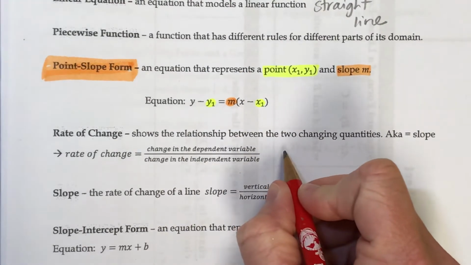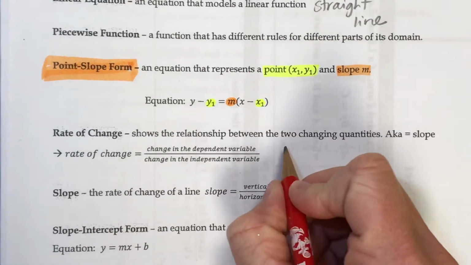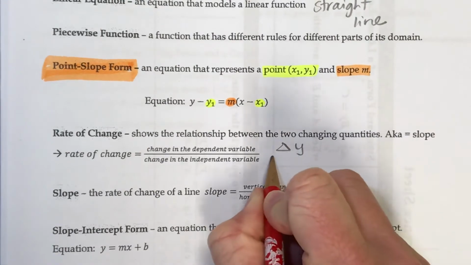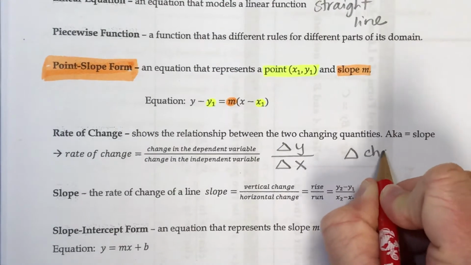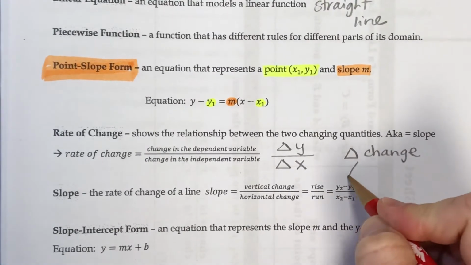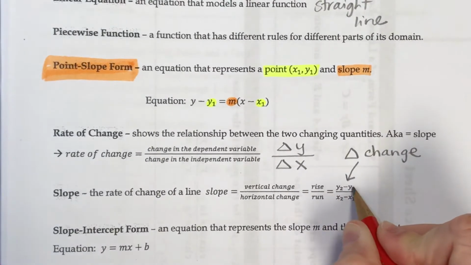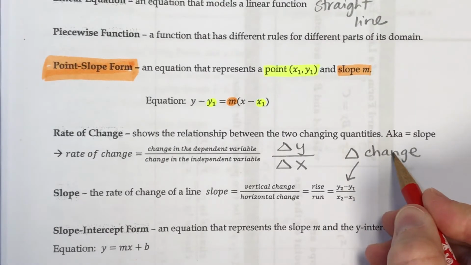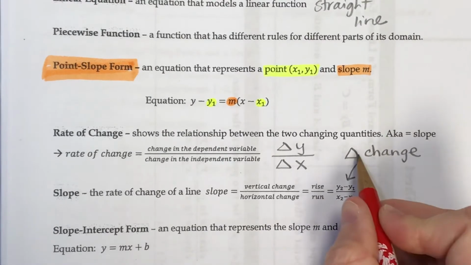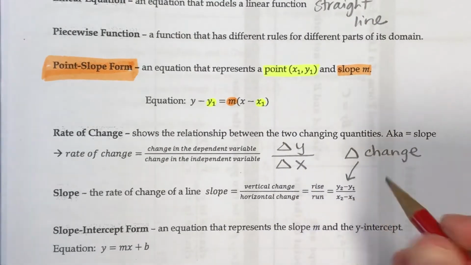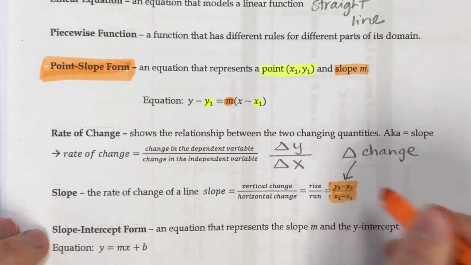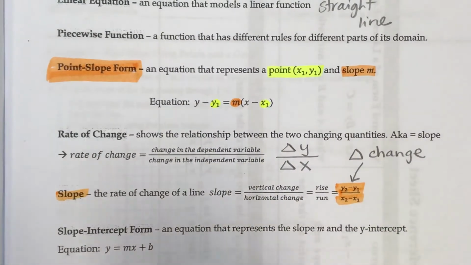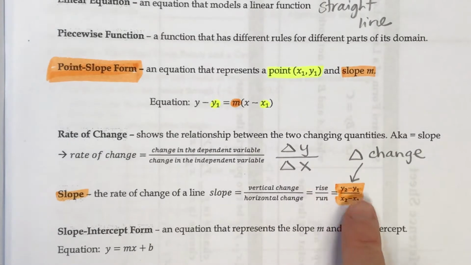Some teachers, especially as you move forward in your math classes, will write it like this: the change in y over the change in x, where the triangle represents the change, which would be your y2 minus y1, the changing of the y values, and then your x2 minus x1 is the changing of your x values. So the actual slope formula that we use with 2 points would be this formula here for the slope of your line. So the change in y over the change in x, change meaning a y subtracting a y.